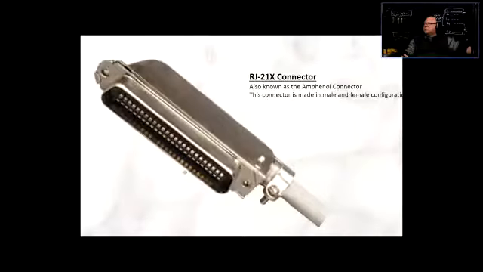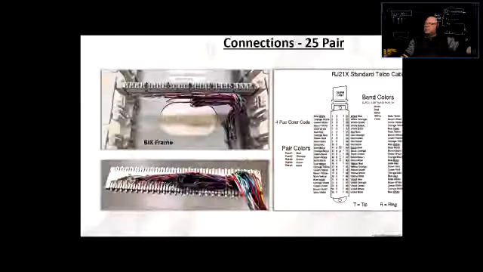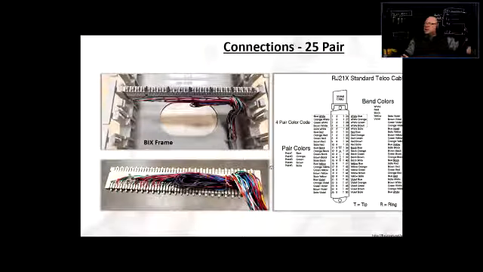You can also use those Amphenol connectors, the end-of-line Amphenol connectors, or RJ21 male or female; they come in male or female configuration. So if you want to extend a 25 pair cable, it's a good idea to use those two jacks. You terminate one gender on one cable and the other gender on the other cable and just plug them into each other, and you can extend a cable like this.